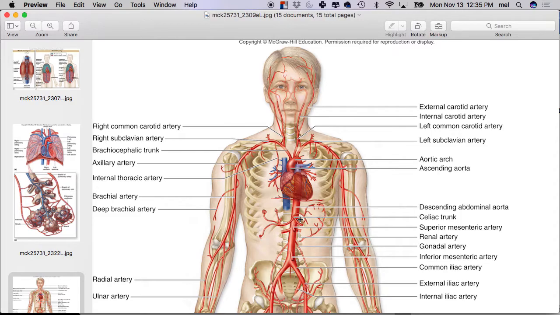So we'll do the three portions of the aorta in order. What's the first portion of the aorta? Ascending aorta, and then aortic arch, and then descending. So we're going to deliver blood off the ascending aorta to wherever it goes, and then back to the heart, right? And then we're going to deliver blood off of the aortic arch to wherever it's going, and then back to the heart. And then we'll do descending. Does that make sense? Okay.